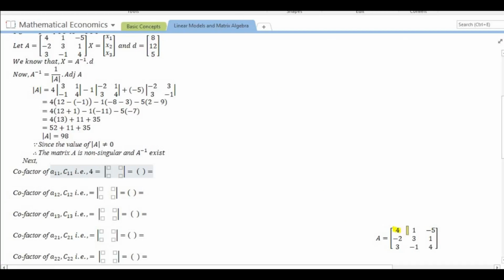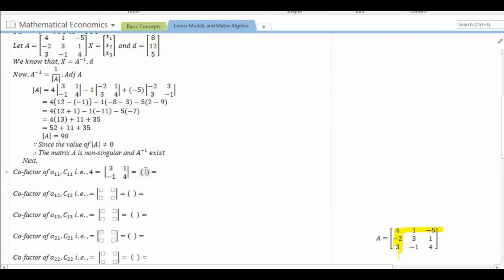Deleting the row and the column in which the element is present, we are left with 3, 1, minus 1, 4.